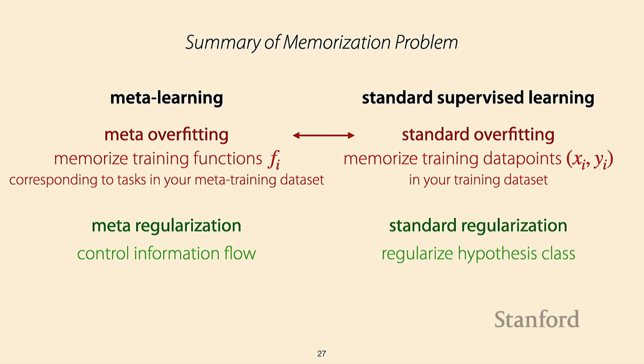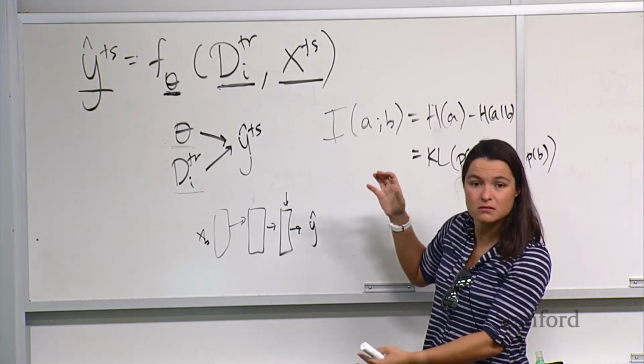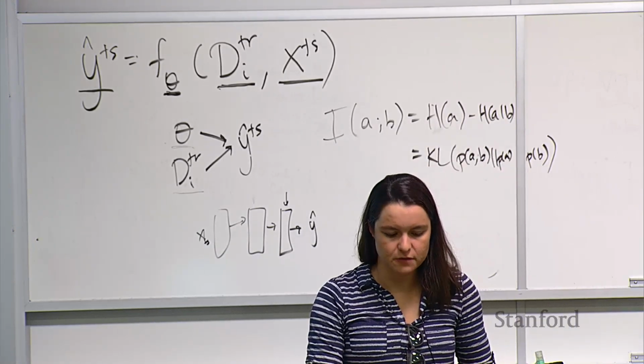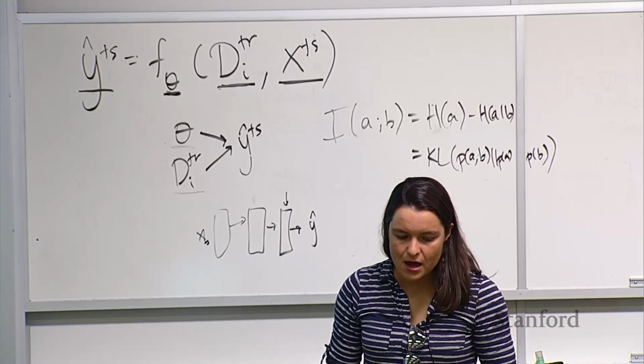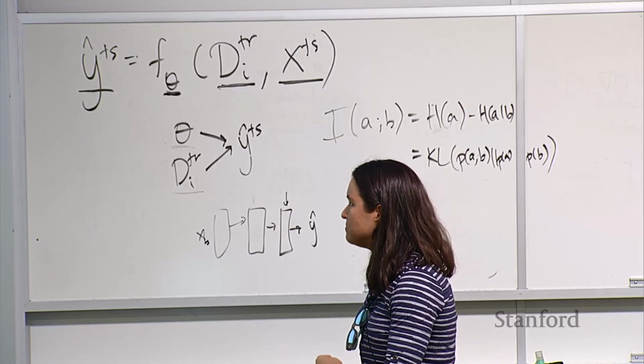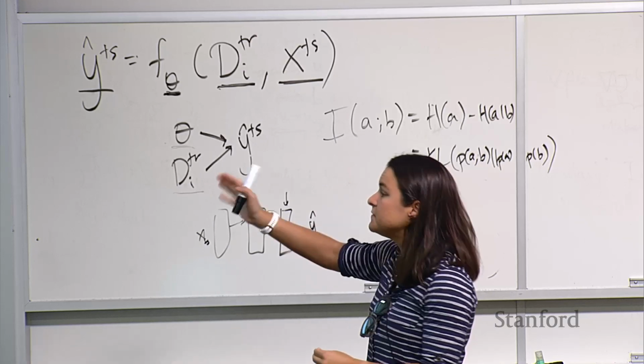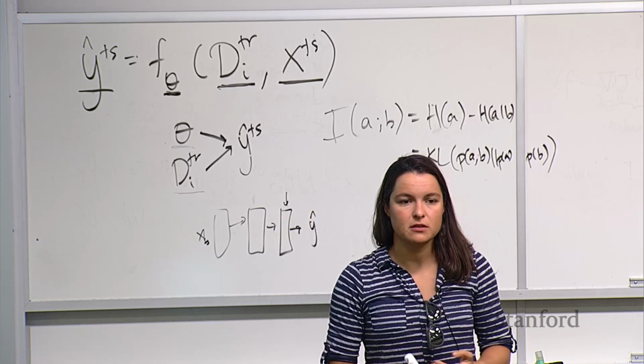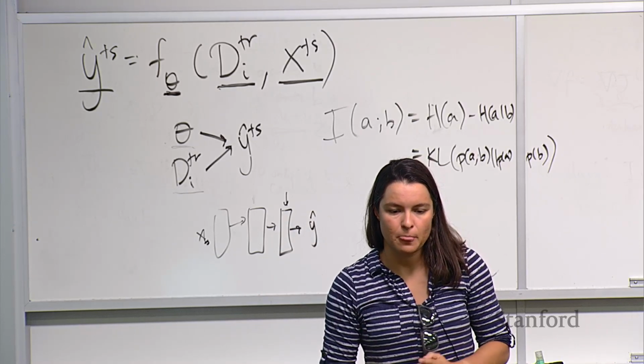Although in supervised learning you're regularizing the hypothesis class, you can also think of this as regularizing the hypothesis class of the meta-learner. And this has a particular interpretation of controlling information flow. You can view the specific meta-regularization that we talked about as trying to minimize the description length of the meta-parameters.